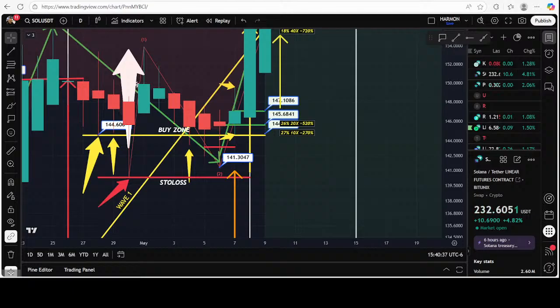If you're doing a 50x and there's a 2% pullback, 50 times 2 is 100%. You lost all your money, right? If you're doing a 10x and there's a 2% pullback, that's a 20% stop loss. So if your stop loss was set at 20%, you just got stopped out. Right?